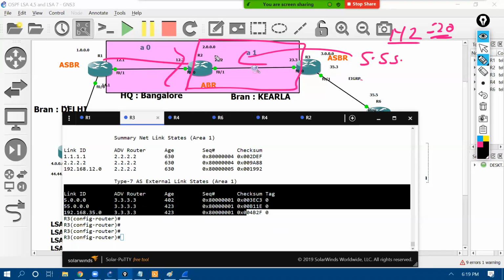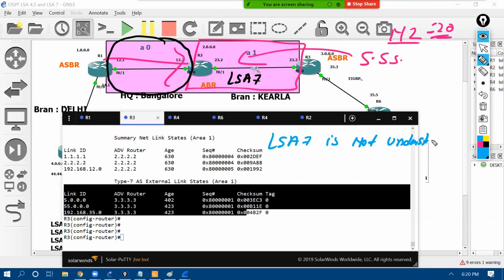How will this LSA be present in area 0 now? LSA 7 is present in area 1 right now. LSA 7 is not understood by the normal area.